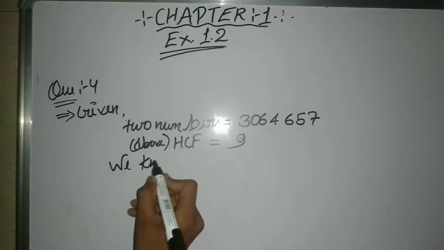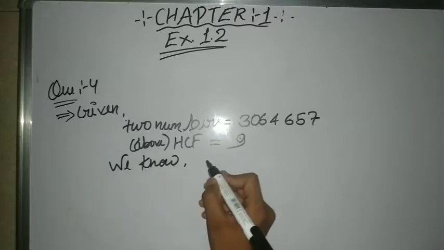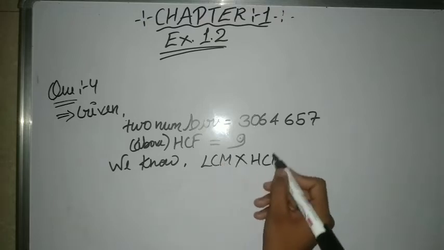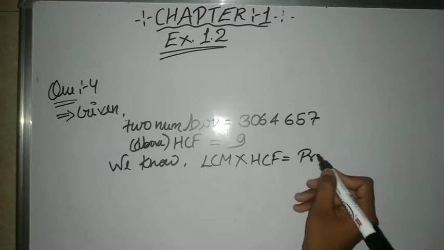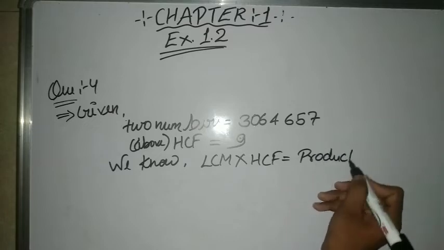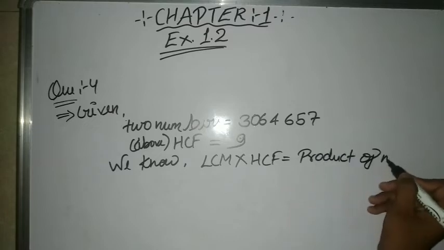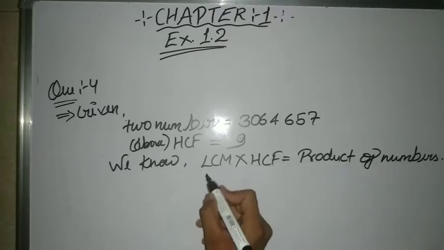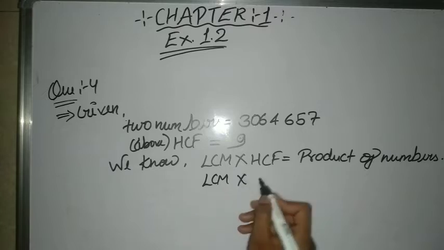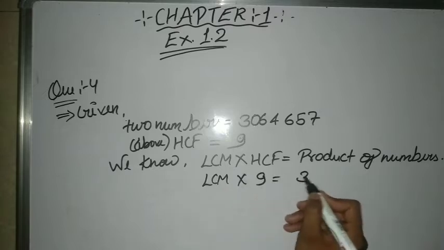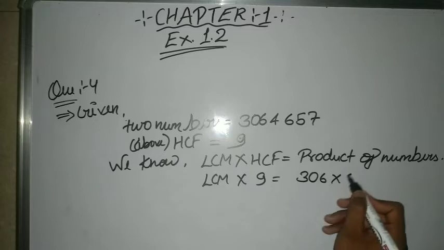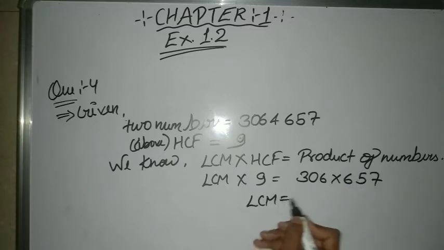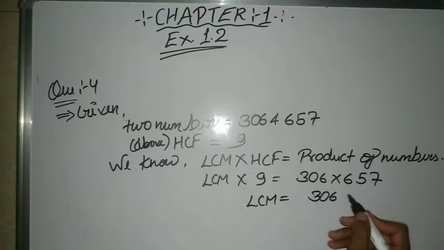For finding the LCM we use the formula that relates LCM and HCF. So what is that formula? Product of two numbers is equal to the LCM into HCF. So we only have to put in the values and we can find the answer very easily. So LCM we have to find, and the HCF is 9, and the product of two numbers is 306 into 657. So solving it, we take the 9 to the divide position.